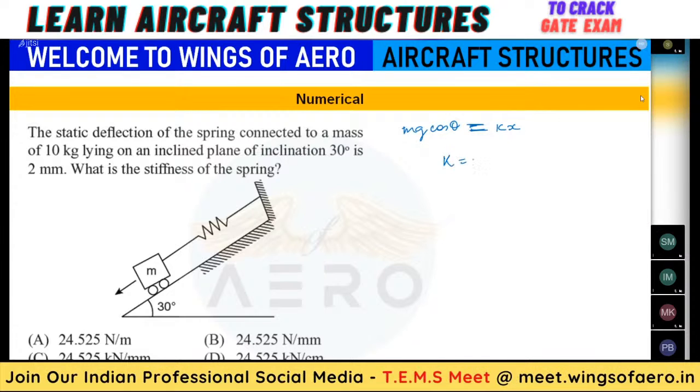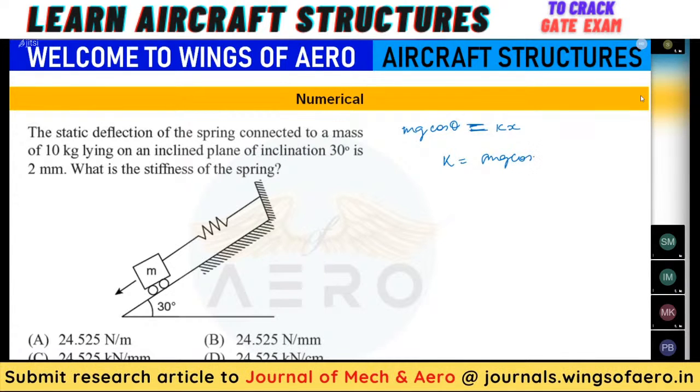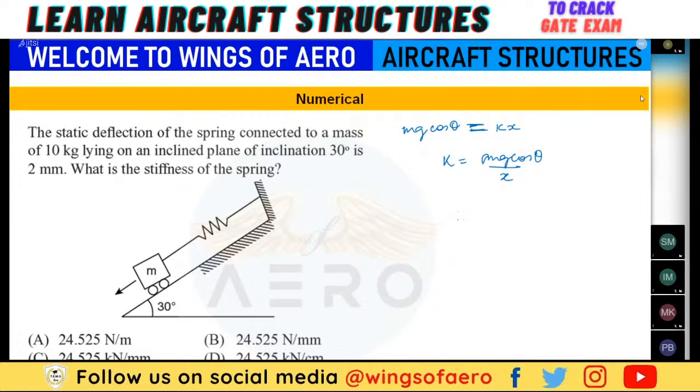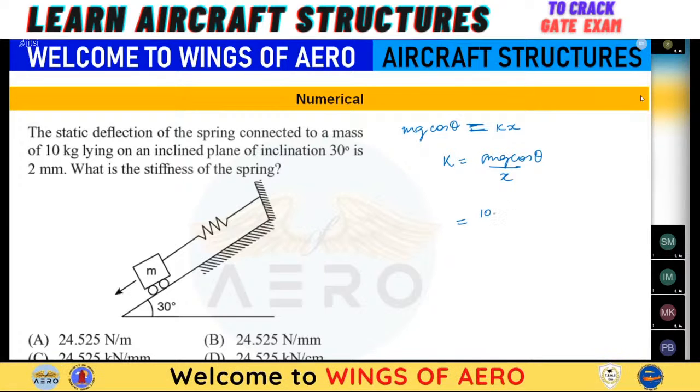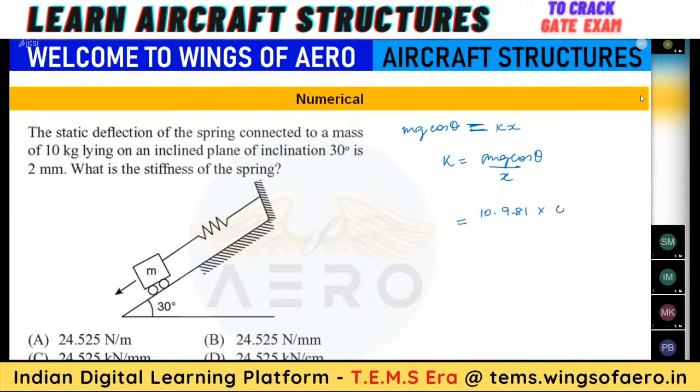So k means mg cos theta by x. M is 10, 9.81 cos 30 by 2 into 10 power minus 3.